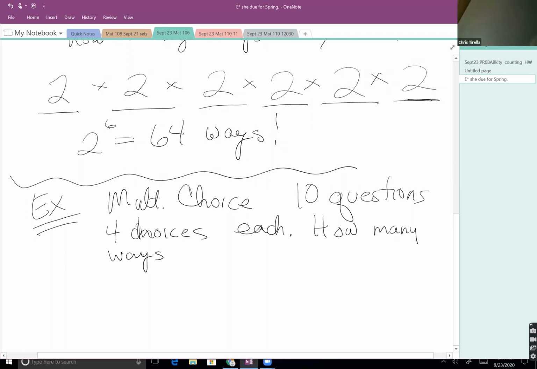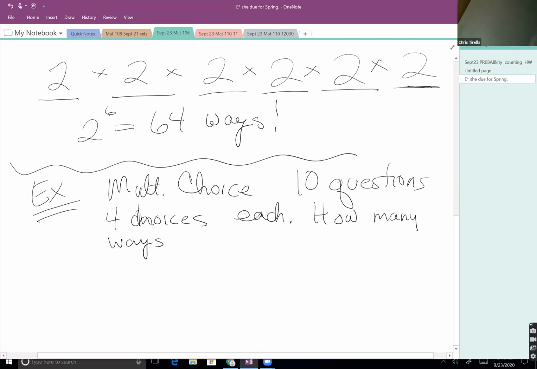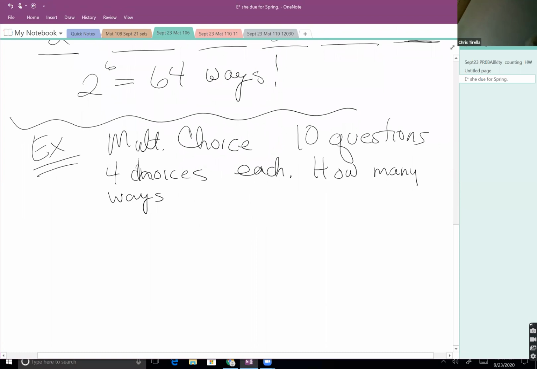Yep. Just to make sure it's clear to everybody: 10 blanks, 1, 2, 3, 4, 5, 6, 7, 8, 9, 10, 4 choices each. So we're making 10 decisions, and each decision has 4 possible answers. And so that would give me 4 to the 10th.